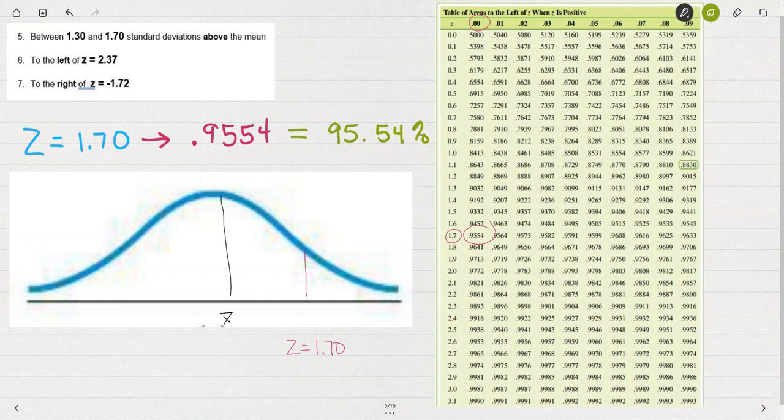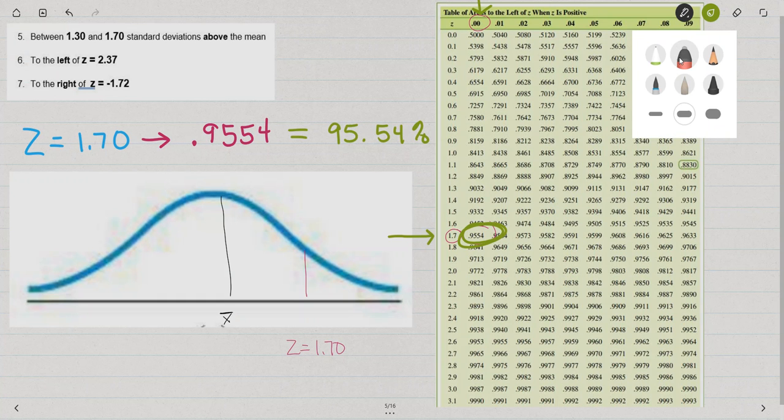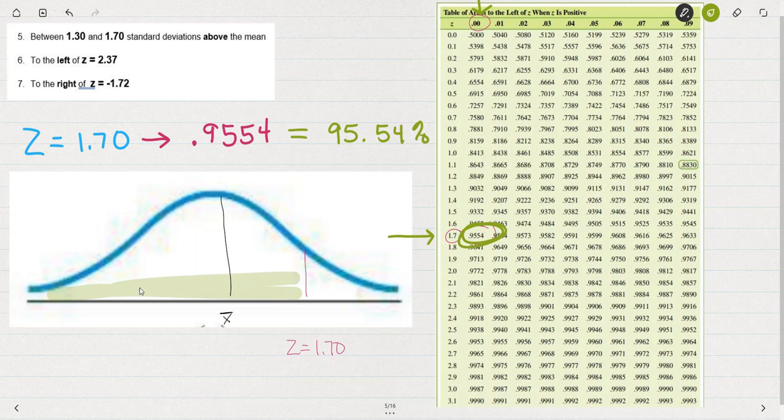Let's make sure everyone can read this chart. I'm looking for the area to the left of 1.70, and that's where I get this 0.9554. That's how you read this chart. And what that's representing is this area to the left of z equals 1.70.